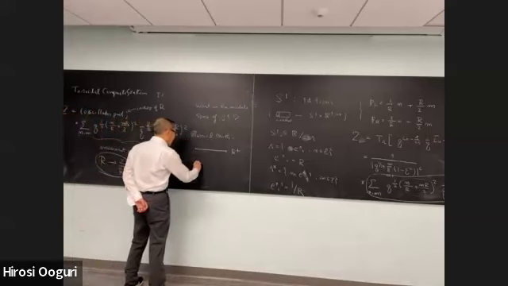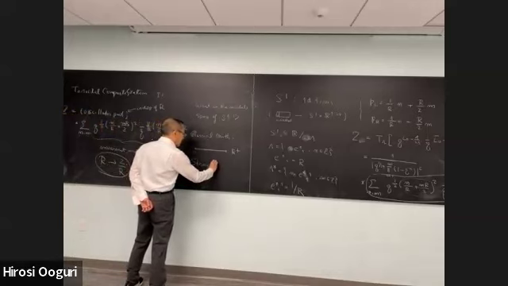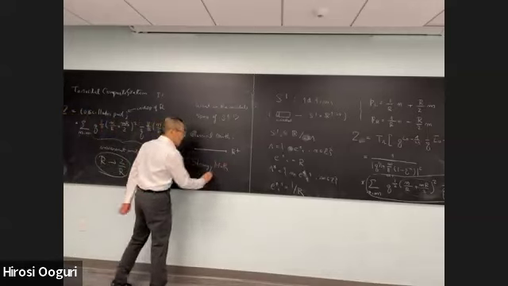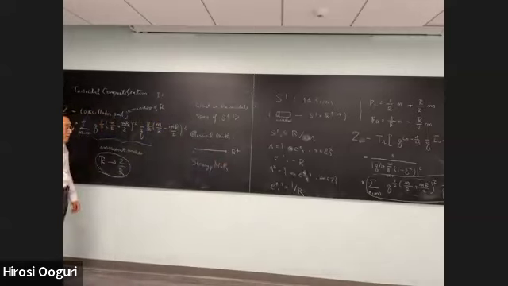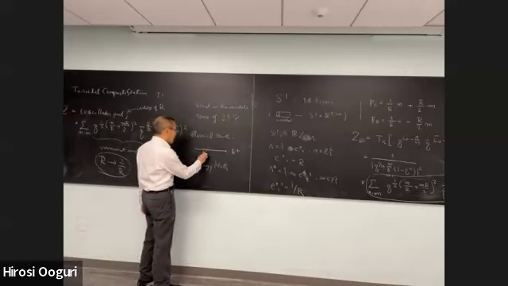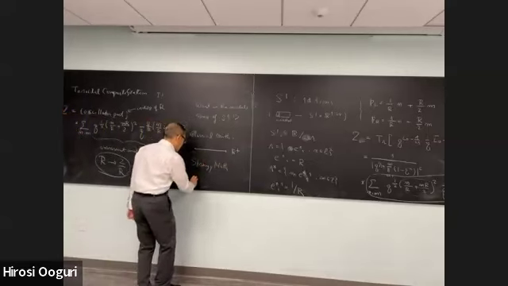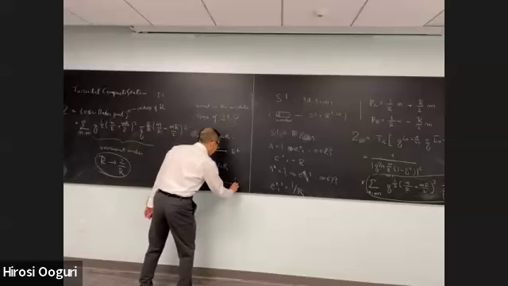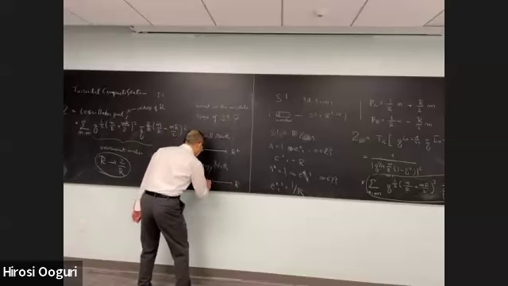But stringy math would answer differently, because we can divide this half line at square root of 2.